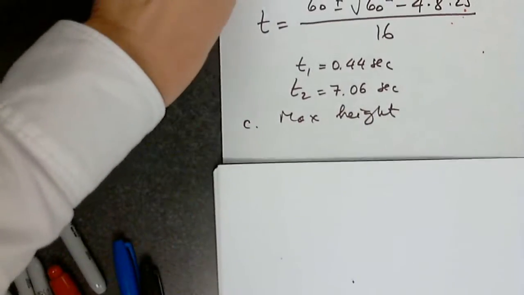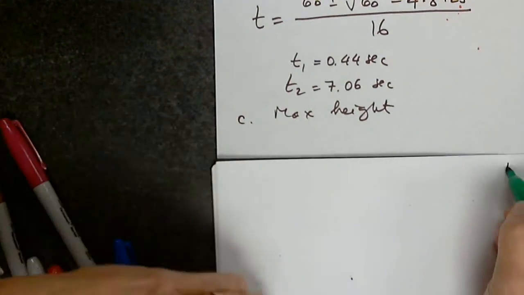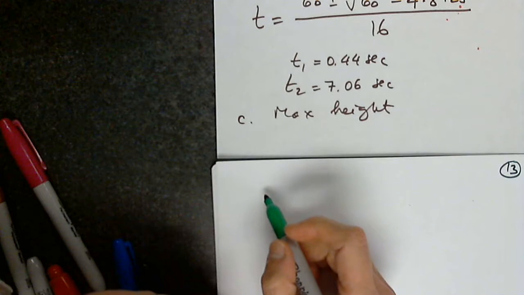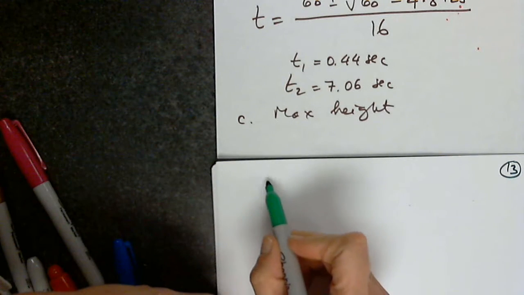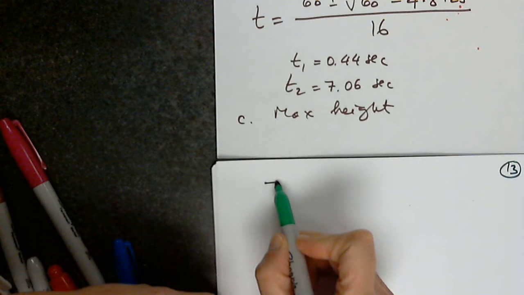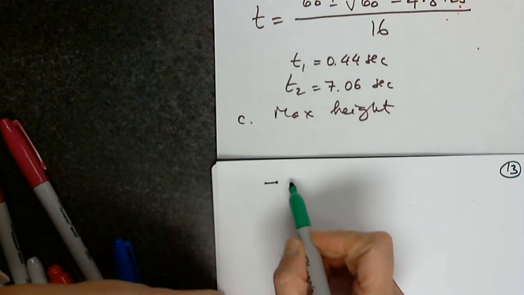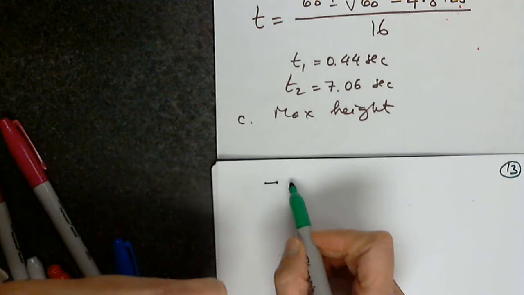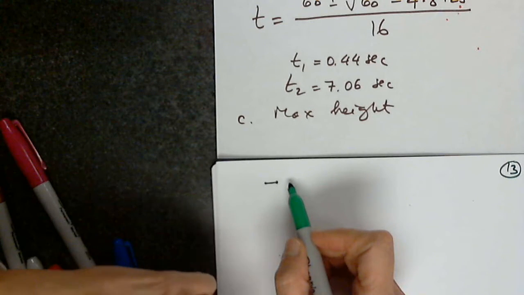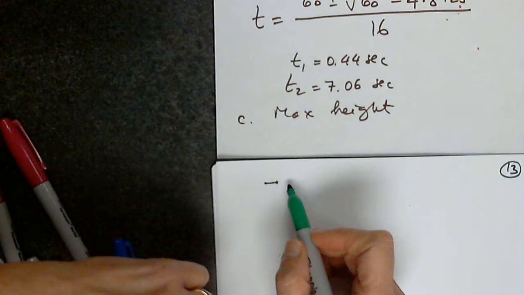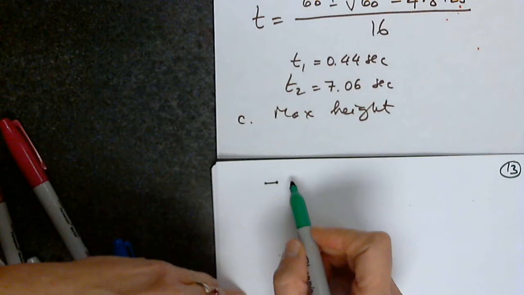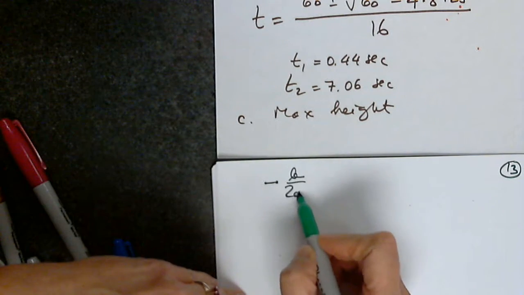How do I find the maximum? Good. Negative B over 2A.